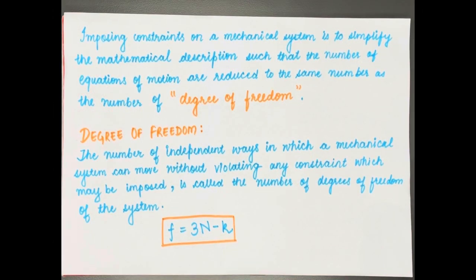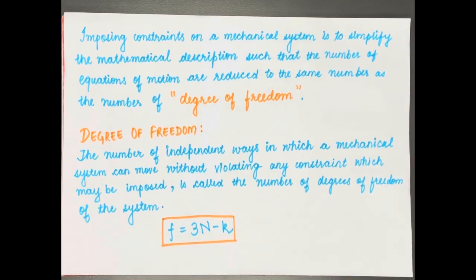We just talked about the number of coordinates required to describe the motion of a particle. Now we will be talking in terms of equations of motion instead of number of coordinates. One coordinate means one equation required to solve the problem, and two coordinates means two equations are required. Now suppose we have a system of n number of particles.